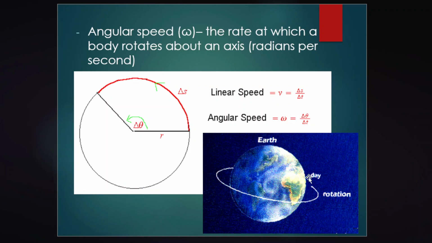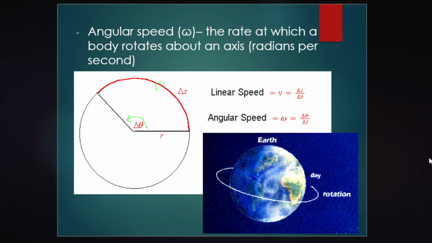So if you're doing the angular speed of the Earth, you could say that it's 2 pi over 24 hours, and you can convert that to whatever units you'd like. So you can convert the 24 hours into seconds, or if you're really picky, the 23 hours and 56 minutes.